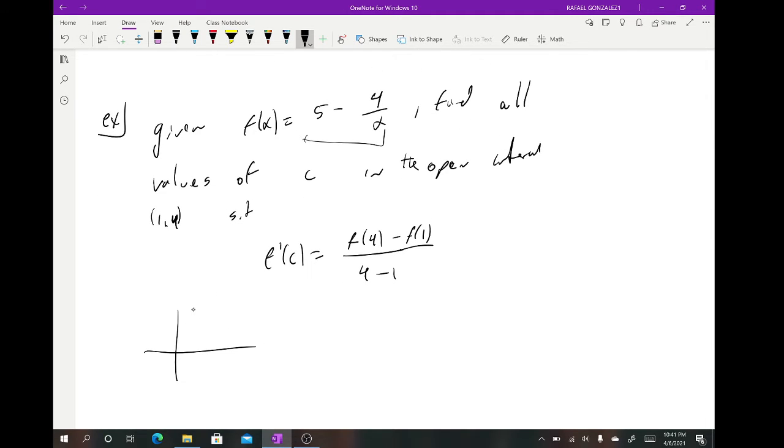Now, this function looks a little bit like this. It is shifted up 5 units. It has a vertical asymptote at 0, and it is lifted up about 5 units. In any case, on the actual interval that we're working in, 1 to 4, there's no break on the graph.